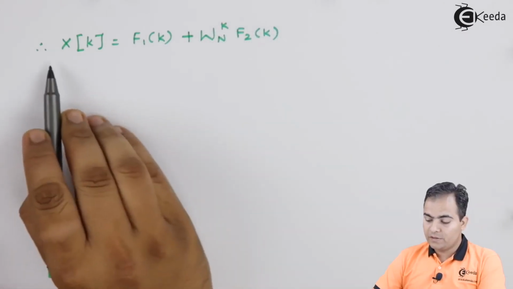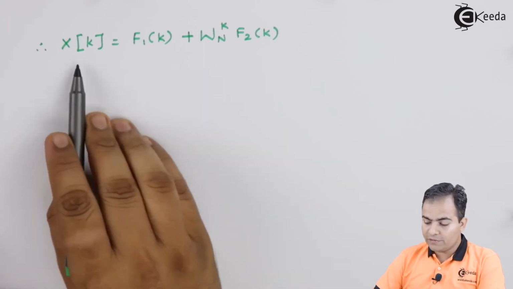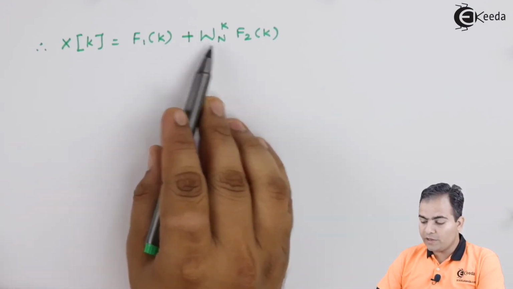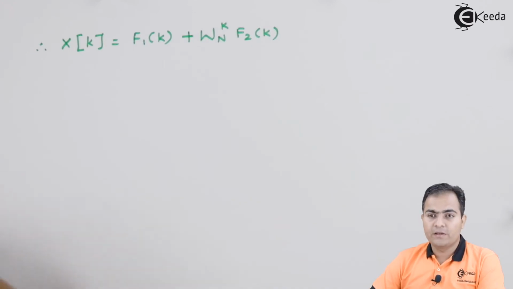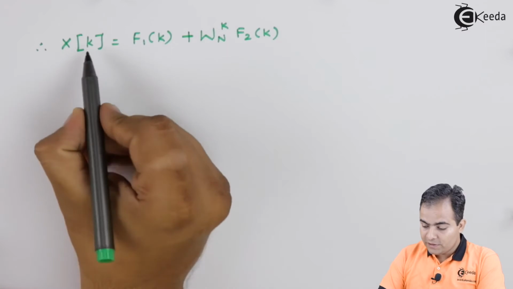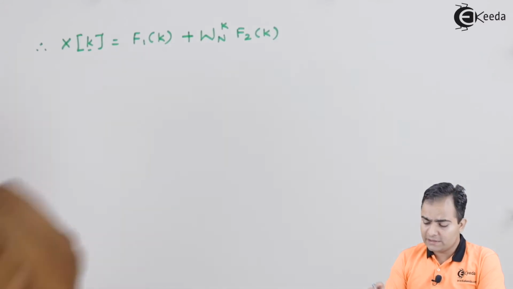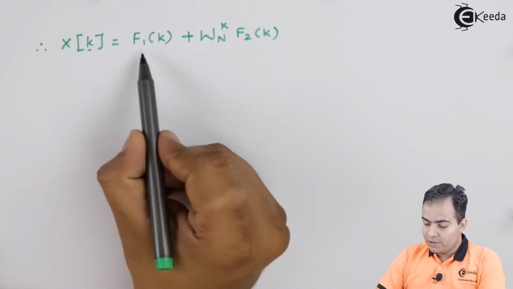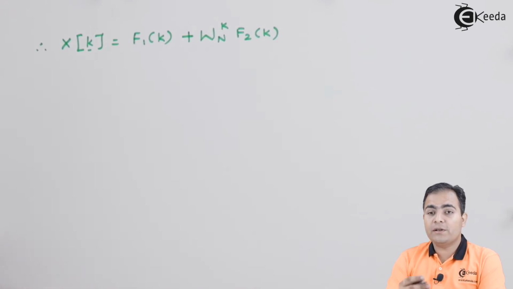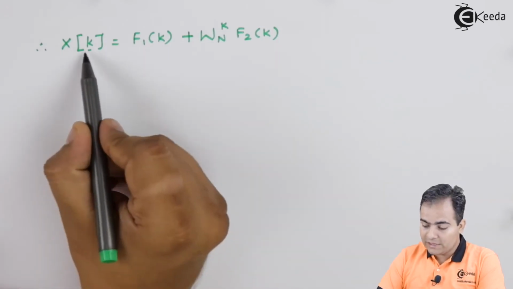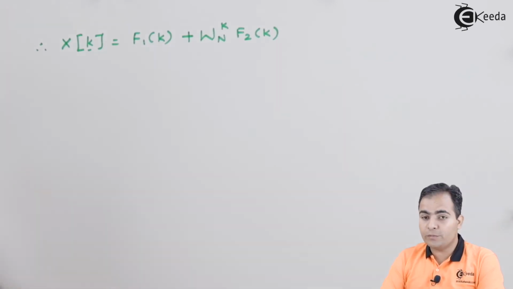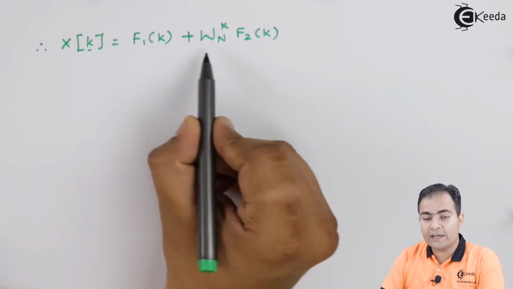Now this was our equation. X of k is nothing but f1 of k plus omega n to the power k f2 of k. Now our answer is converted into DFT, which means here the sample value is represented by k. Then what will be the limit of this sample value? Of course, we have divided the sample value into two parts. So this k value will also get divided into two parts, the first one for even, the second one for odd.